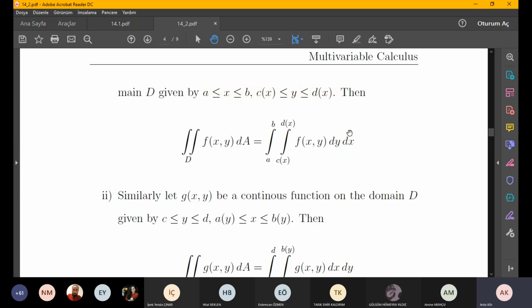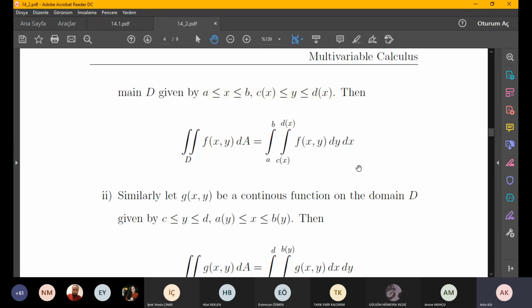That is why the first limit of integration is from c(x) to d(x), since you integrate with respect to y. Then the limit of integration is from a to b, since you integrate here with respect to x.